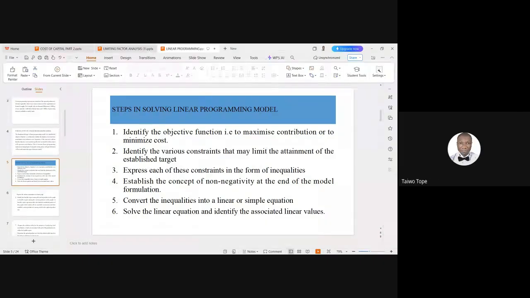What is that thing? You have to convert the inequality into what? A simple linear equation.